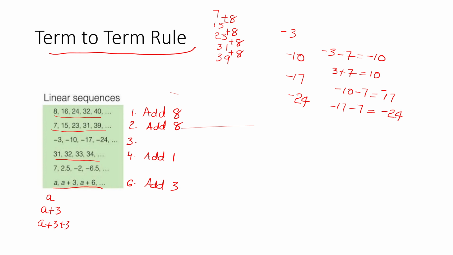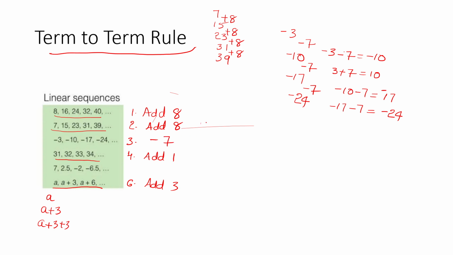So here you can see that minus 7, minus 3 minus 7, minus 10. Minus 10 minus 7, minus 17. Minus 17 minus 7, minus 24. So here minus 7, that will be the term to term rule, minus 7.